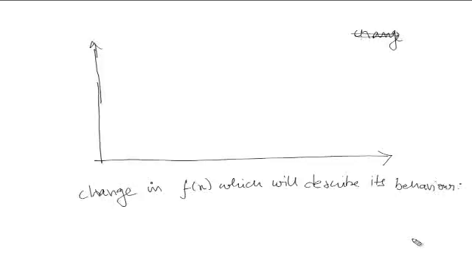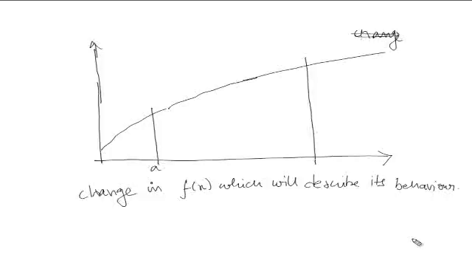So we started with an f of x like this. We took 2 points, A and B. This was f of x.